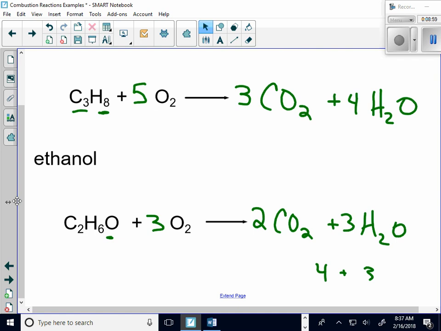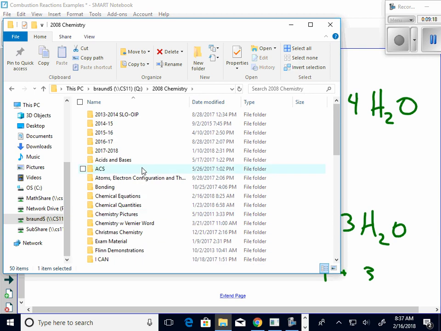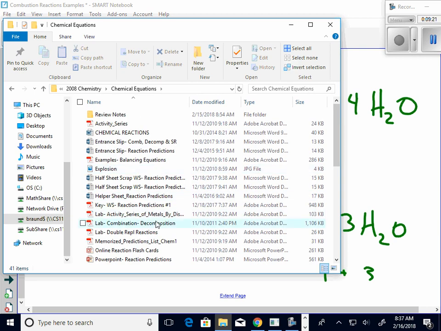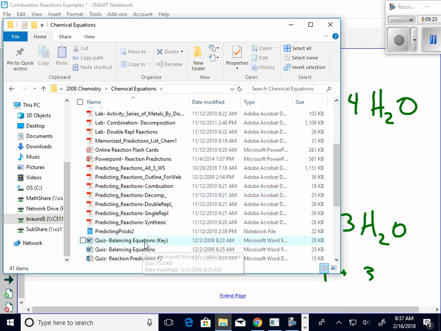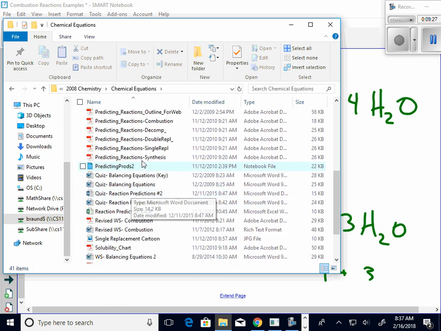Now, what I need you to do is look at your worksheet. Look at the worksheet that you have. I have to explain something to you because not all of those are combustion reactions. Let me find where that actually is.